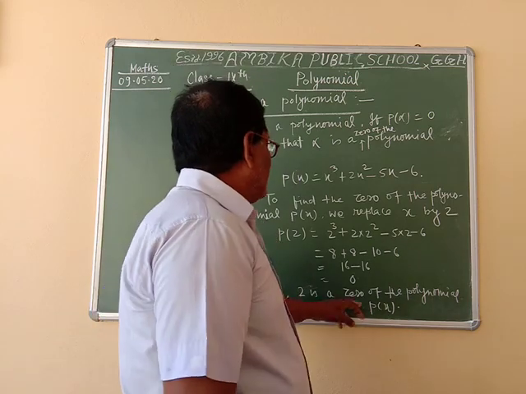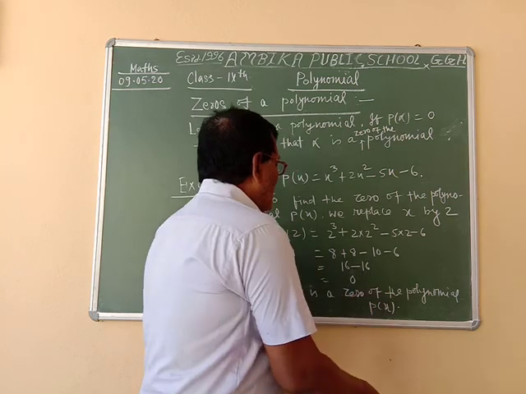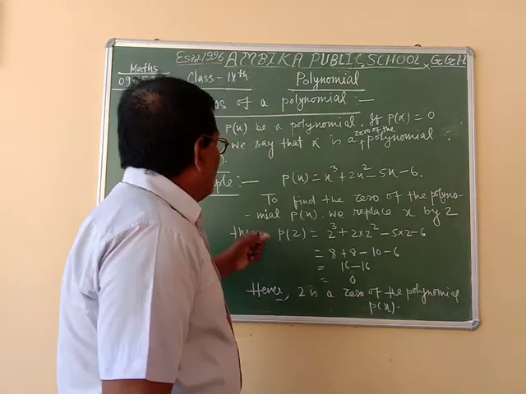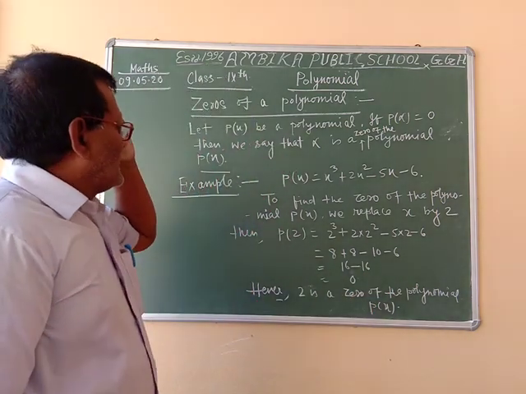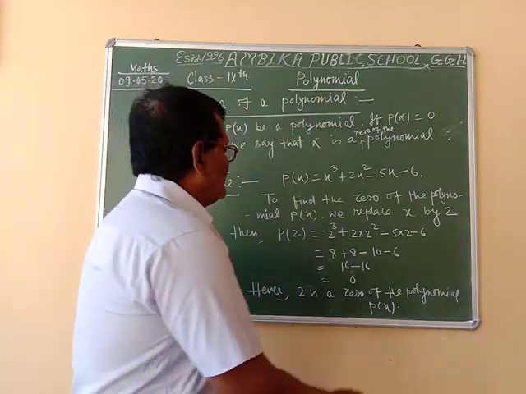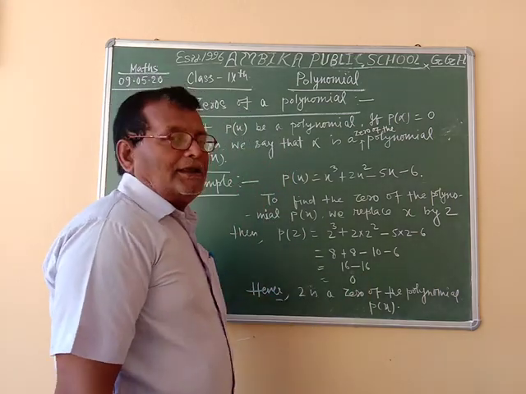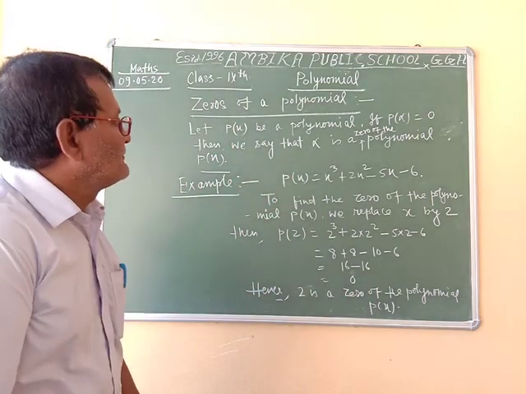Hence 2 is a zero of the polynomial P(x), because putting x = 2 in place of x, we find the result P(2) = 0. Hence 2 is a zero of the polynomial P(x).